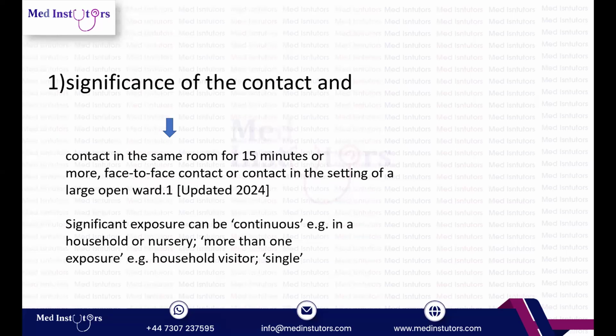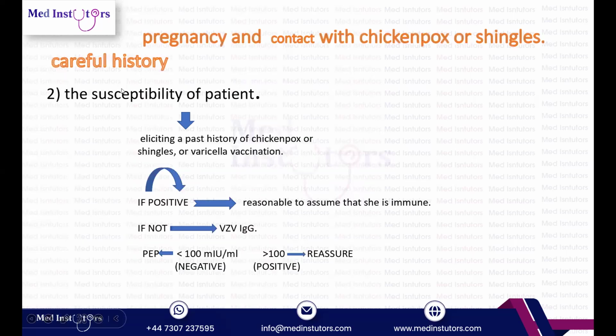See, practically, any kind of exposure could lead to contracting this virus. So after history of the duration, we have to see the susceptibility of the patient as well. And how can we elicit it? By, again, taking a detailed history. History of what? Past history of chickenpox, shingles, or varicella vaccination. The study says that if anyone has had a previous infection, there is a 98% chance that they got lifetime immunity, right?